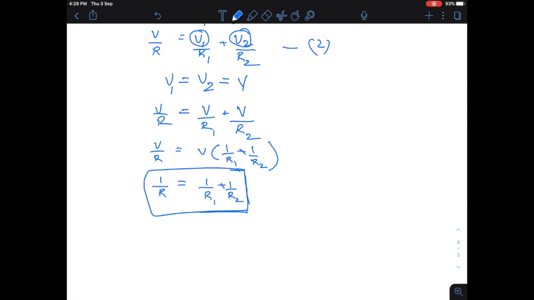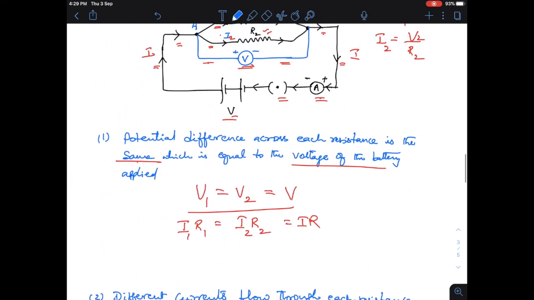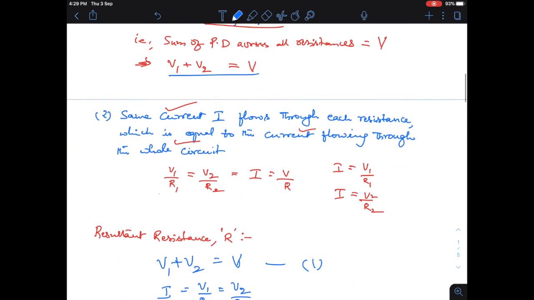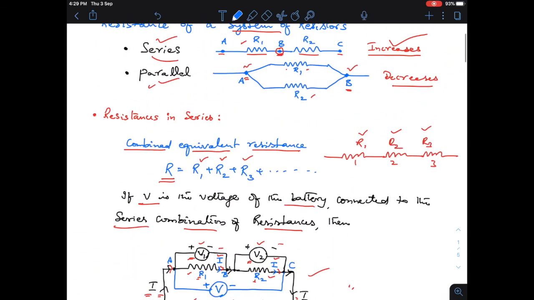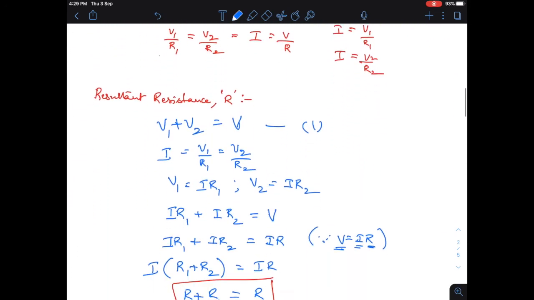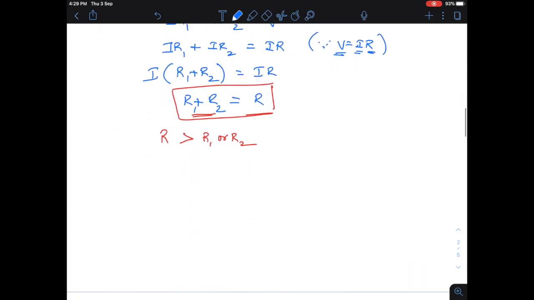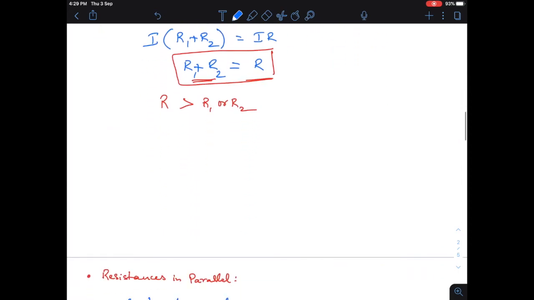As we can see, it decreases the resultant resistance. In my next video, we will discuss the heating effects of current.